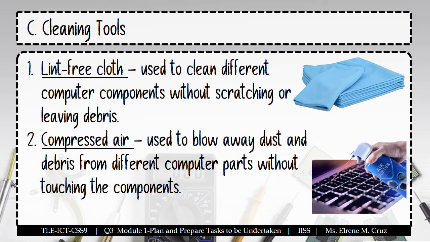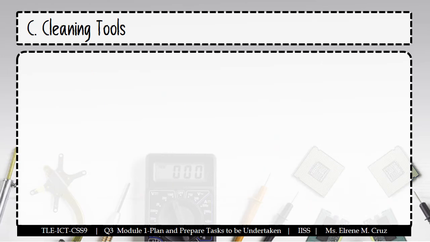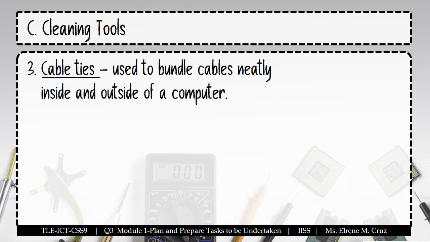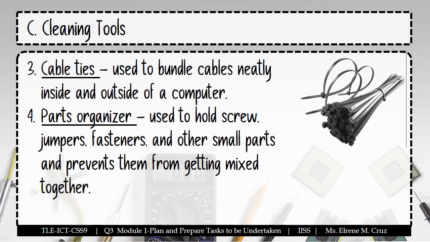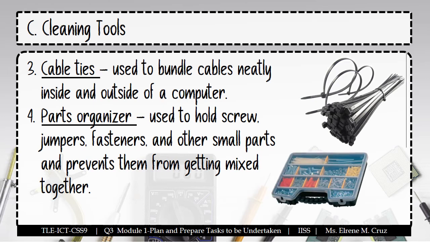Next is compressed air, used to blow away dust and debris from different computer parts without touching the components. Cable ties, used to bundle cables neatly inside and outside of a computer. And lastly, parts organizer, used to hold screws, jumpers, fasteners, and other small parts and prevents them from getting mixed together.